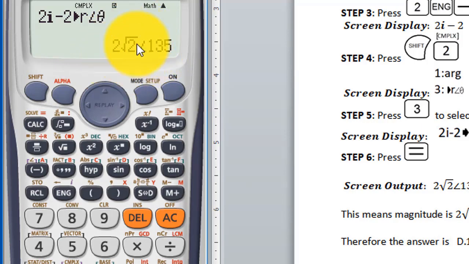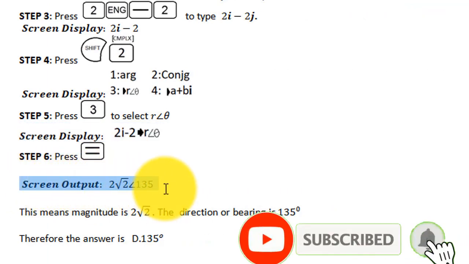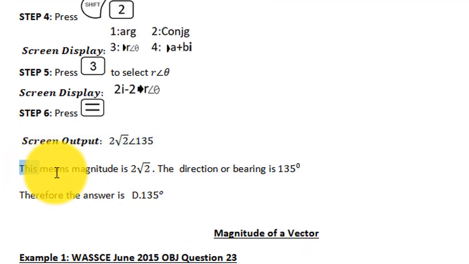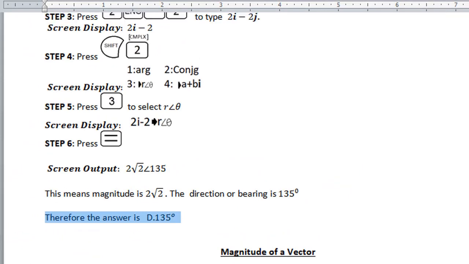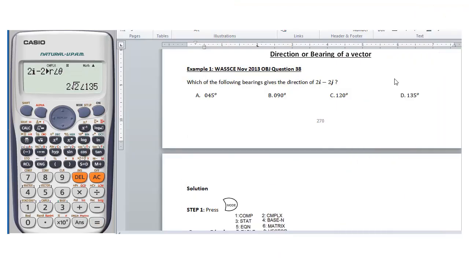So 2 root 2 is the magnitude of the vector, and 135 is the direction of the vector. This means the magnitude is 2 root 2, the direction or bearing is 135. So the answer is D, that is 135, and this is the correct option.